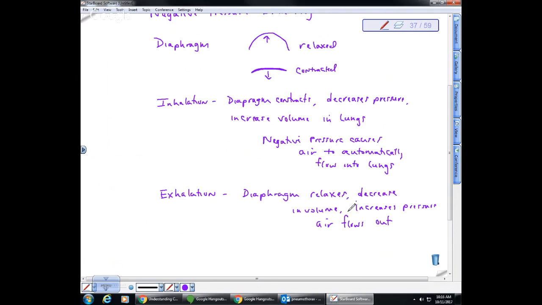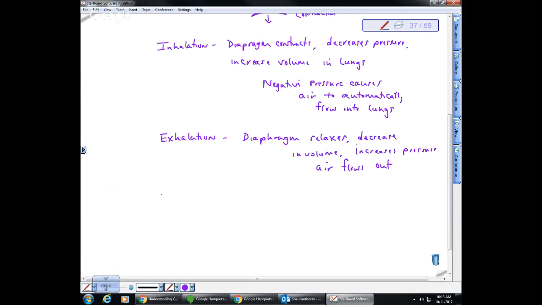I think the reason why this is kind of hard for us to grasp is that we also use other muscles. We also use the external intercostals. These are the skeletal muscles that are between the ribs, so that's why it's called intercostal. There's also an internal layer, but the external layer is what we primarily use.